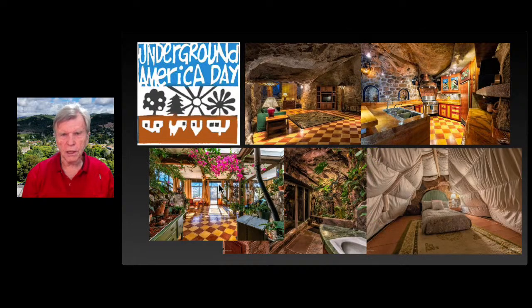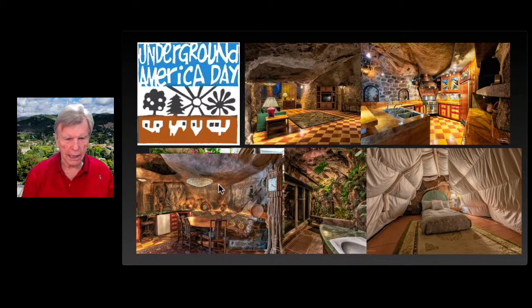And then here is the master suite and the dining room. So having an underground or an earth-sheltered house has been one of my dreams. Not sure it'll ever be realized, but that's why Underground America Day struck a chord with me.